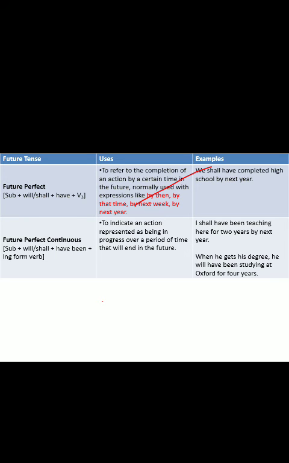You must go through all these uses of the 12 tenses forms so that you have a very sound knowledge of the uses of these tenses. Now, let me clarify one example.